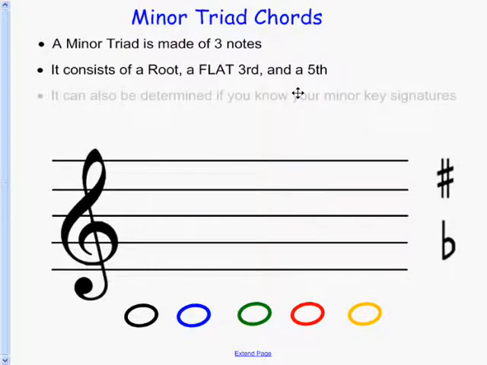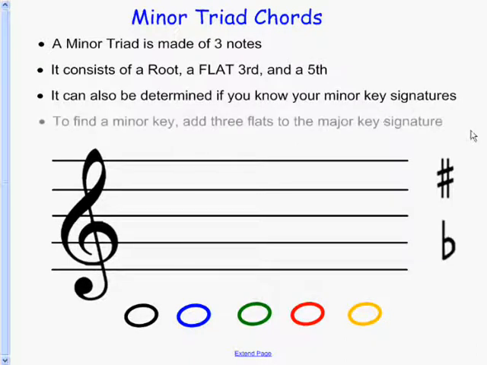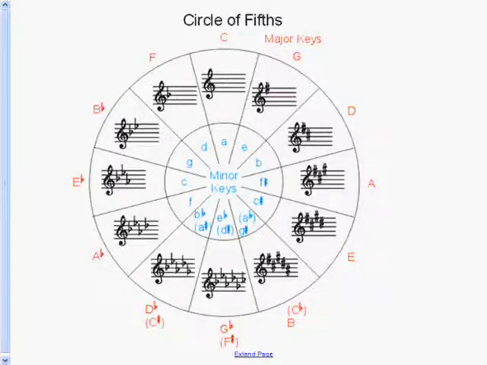Now, we can also do this if you know your minor key signatures. Again, to find a minor key, you add 3 flats to the major key signature. So let's look at the one we did before, which was the idea of D. D major to D minor.